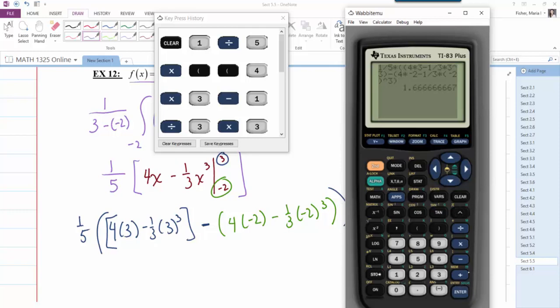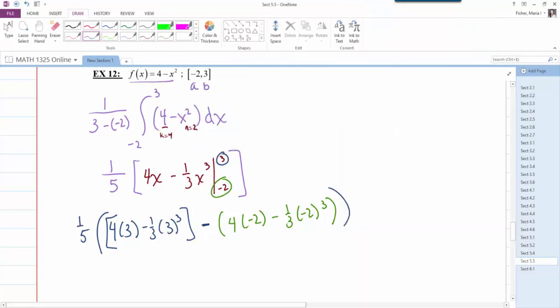And we end up with 1.6 repeating, which if we make into a fraction is 5/3. So the average value of this function from -2 to 3 is going to equal 5/3.